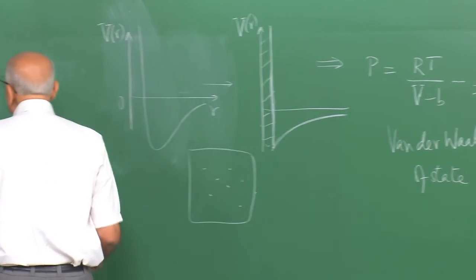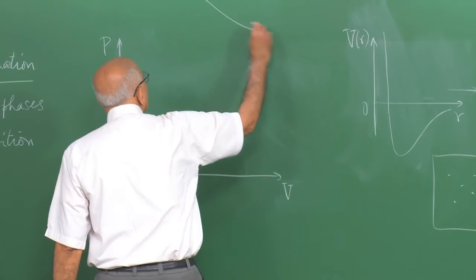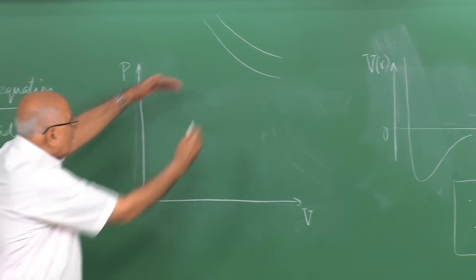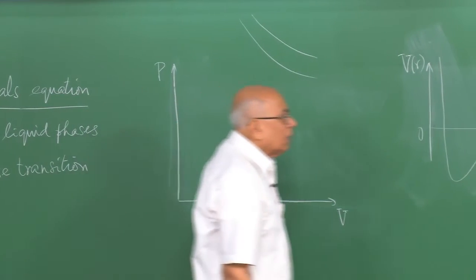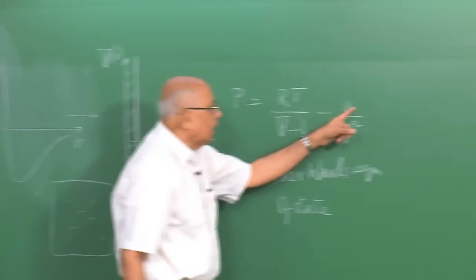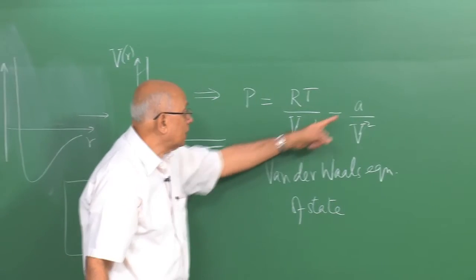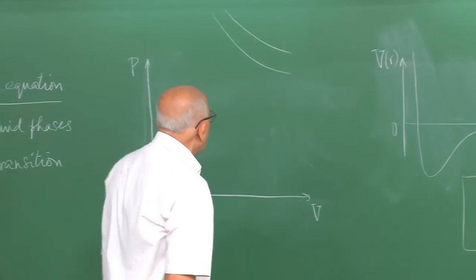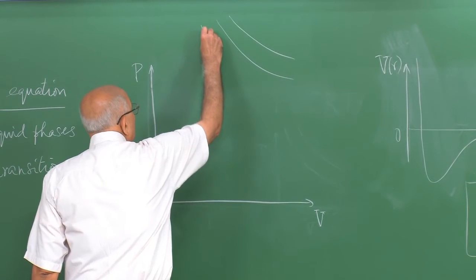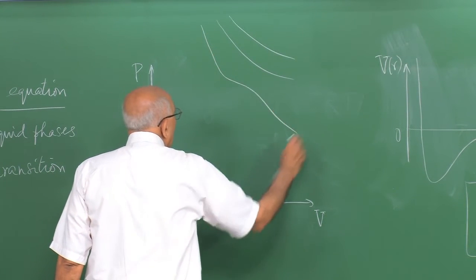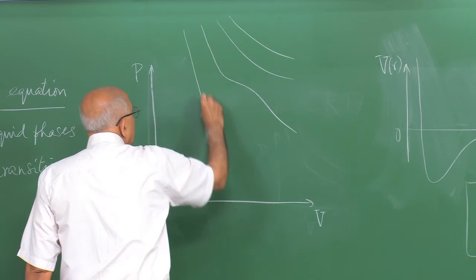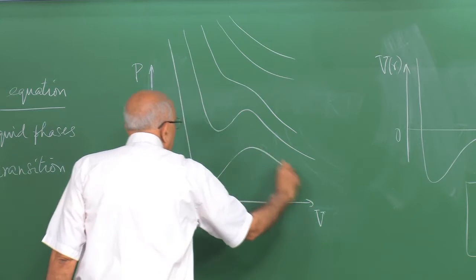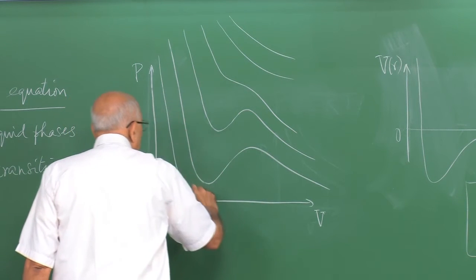So we qualitatively expect that way out here these curves are going to be like the ideal gas approximately, but as you come down here, depending on the values of the parameters B and A, remember these are physical dimensions, the curve looks very different altogether, and there comes a stage where you have a curve with a little inflection point, and below that the curve starts developing a knee, and below that it develops a bigger knee, and so on.